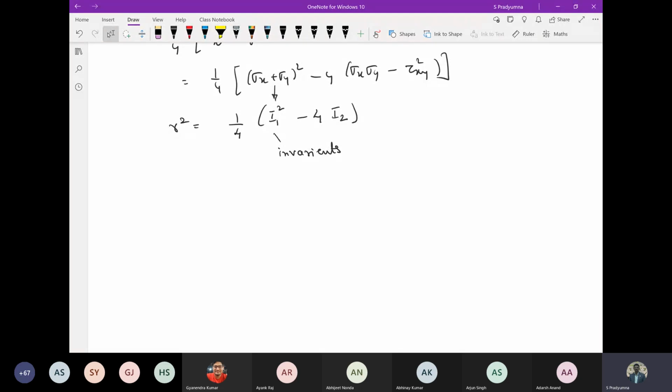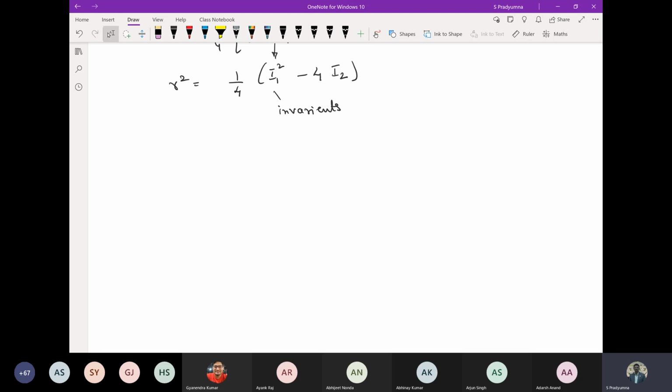So now how do we plot the Mohr circle? That is the next question, right? So what we can do here is that there are multiple approaches. If you follow different textbooks, 3-4 approaches are there to plot the Mohr circle.